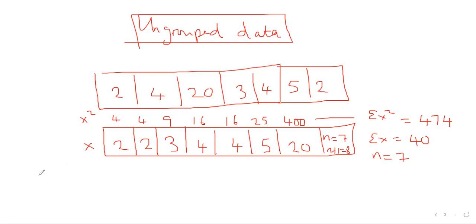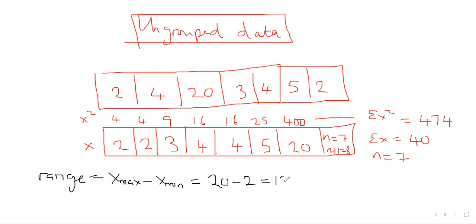So let's start with the easy things, the range. The range is the difference between the highest number and the smallest number. So what is the highest number of x and the smallest number of x? 20 and 2, 20 minus 2 is 18.